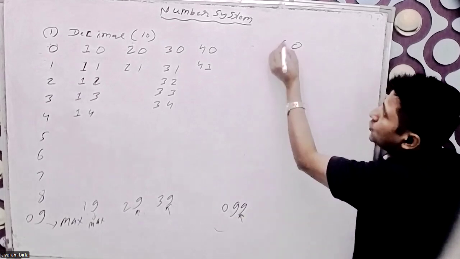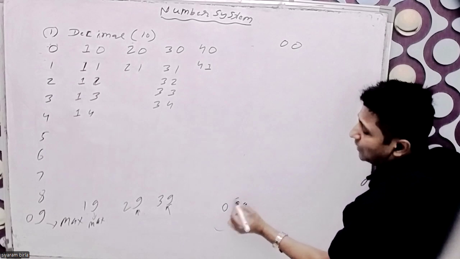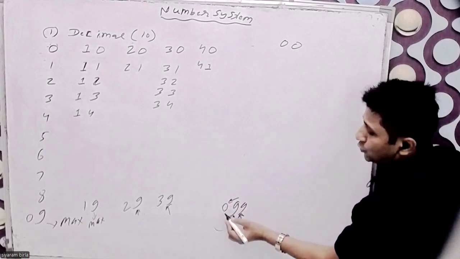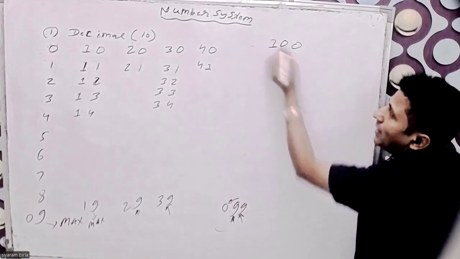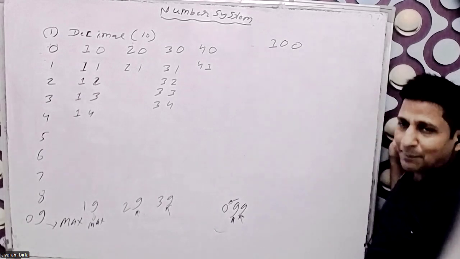That also cannot increase, so it becomes 0, and it tells the next digit, please increase by 1. So the 0 increases to 1. Like that, decimal counting happens.